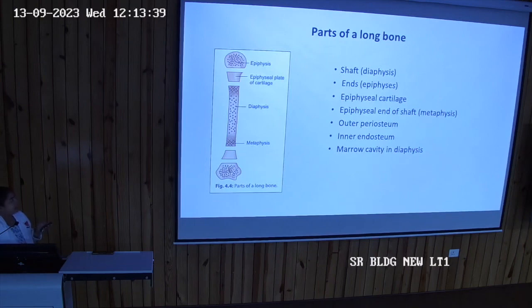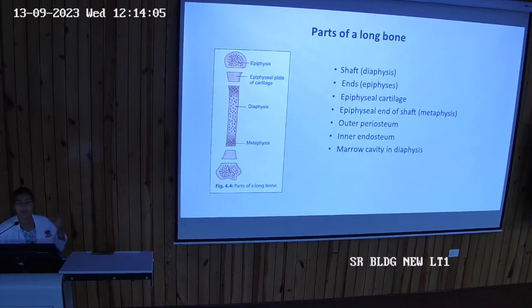Now in between the diaphysis and the epiphysis lies a growth plate, the epiphyseal plate, which will be seen as an epiphyseal line when the adult bone is formed. So this epiphyseal plate is a part of a growing bone, and what is written here is cartilage, the epiphyseal plate of cartilage.